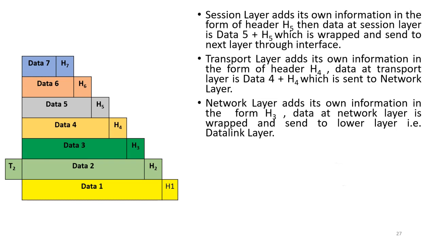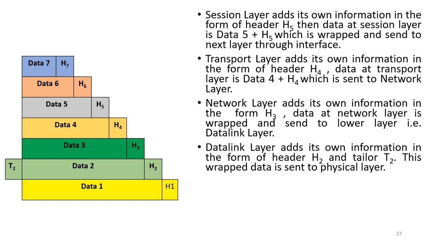Now at the network layer, there is addition of its own information in the form of header 3, that is H3, and data at the network layer is wrapped together, that is H3 and data 3, and sent to the lower layer, known as the data link layer, which is layer number 2.